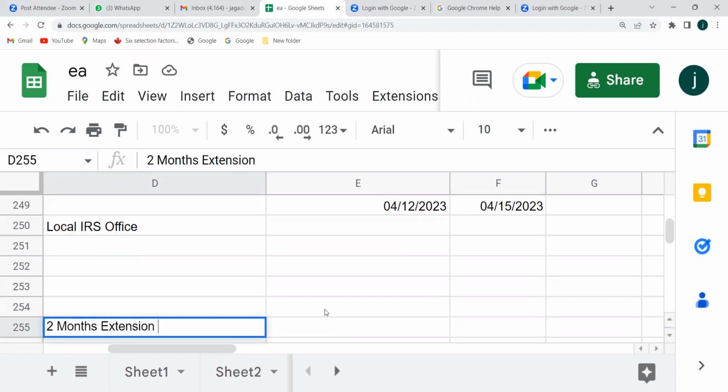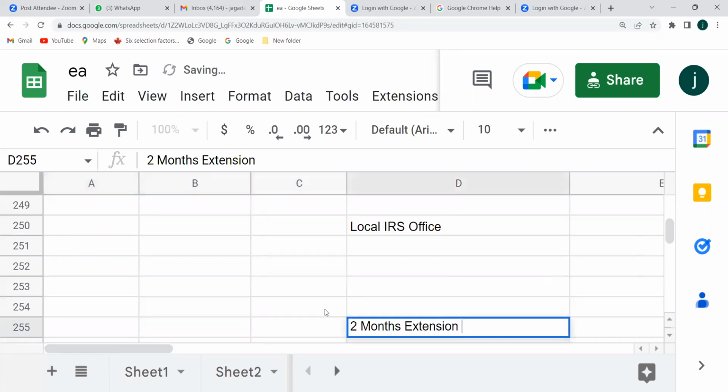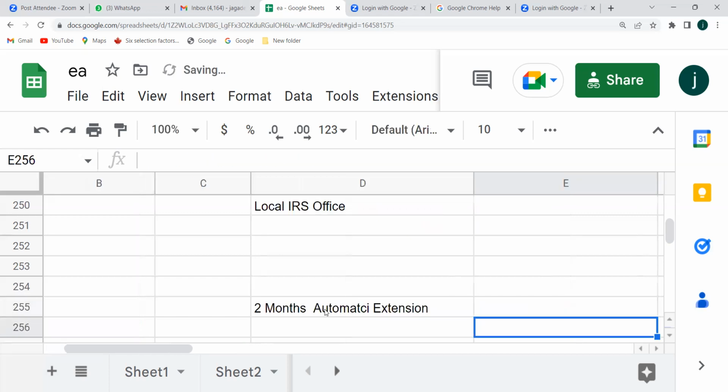We used to call it an automatic extension, 2 months automatic extension, in case of persons working in military or naval services.